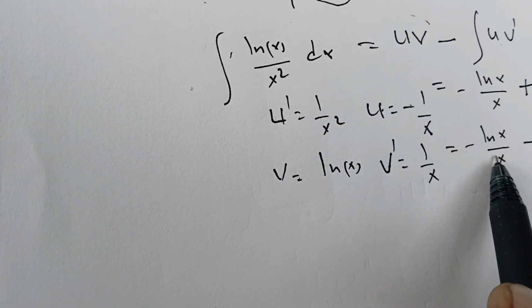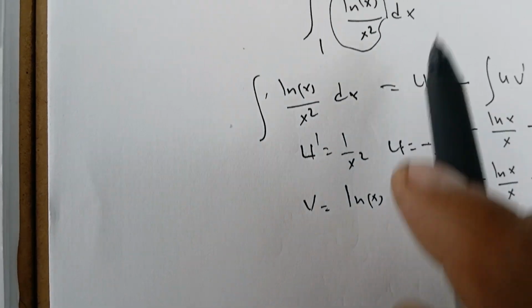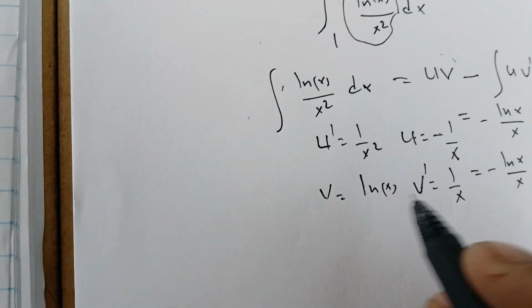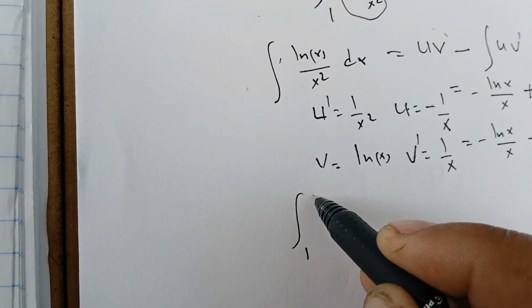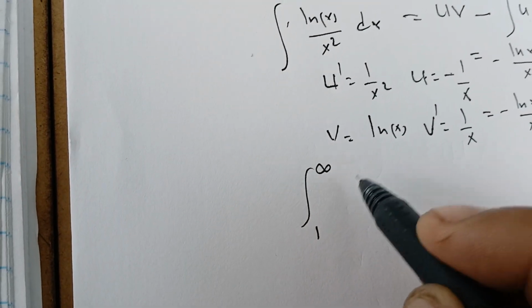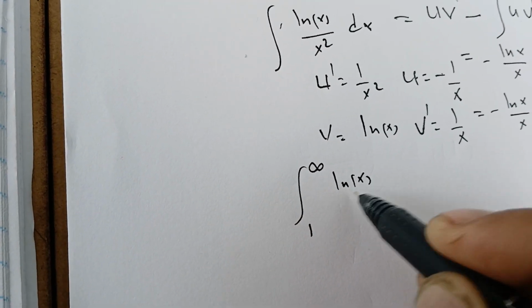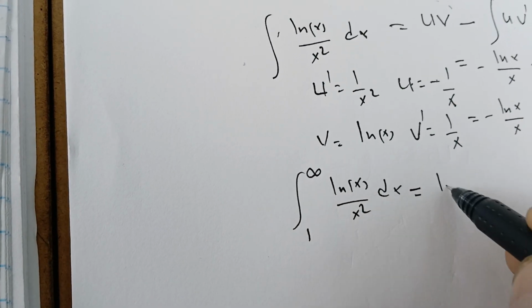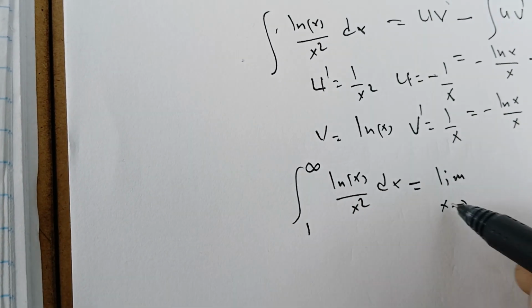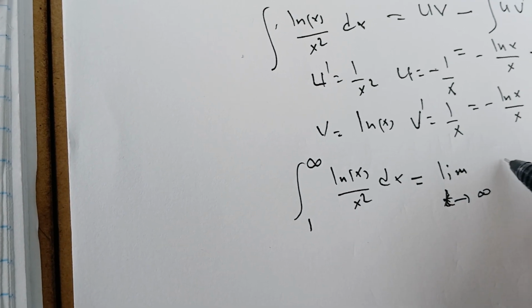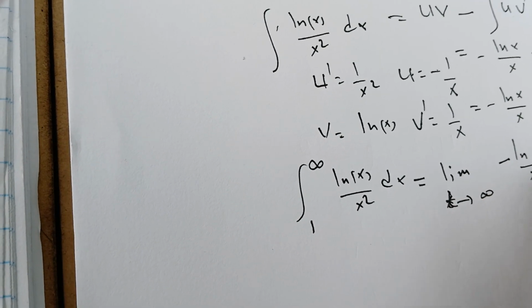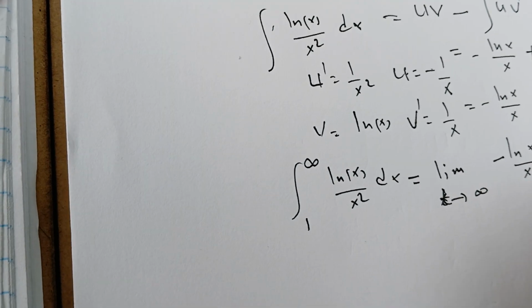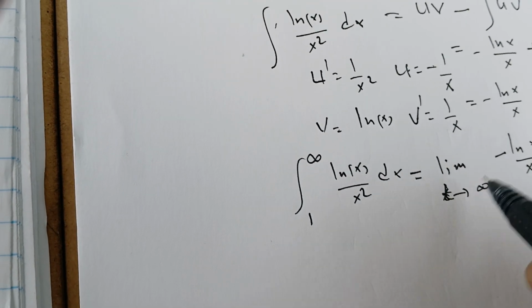Now we go back and we see that the integral from 1 to plus infinity of ln of x over x squared dx is the limit as t goes to infinity of minus ln of x over x minus 1 over x, between 1 and t.